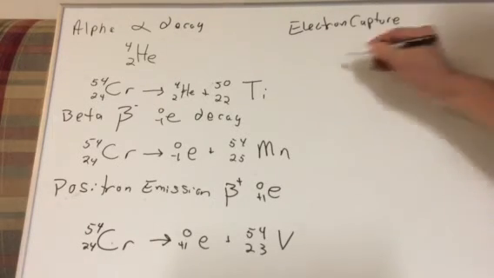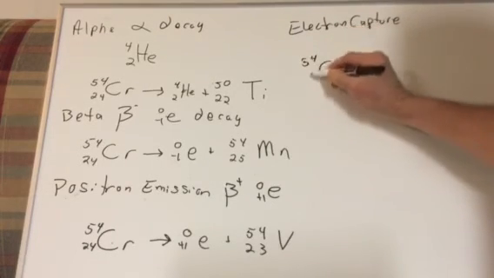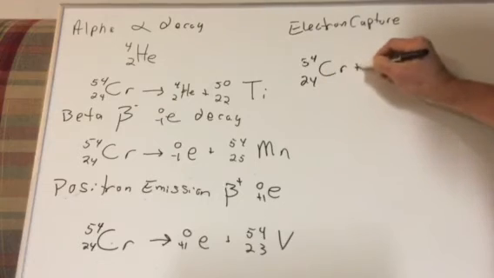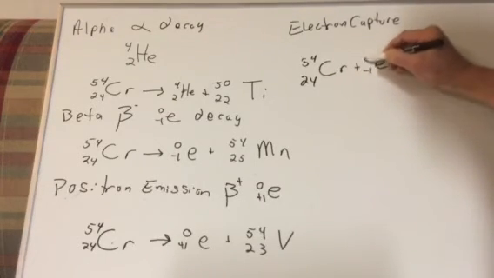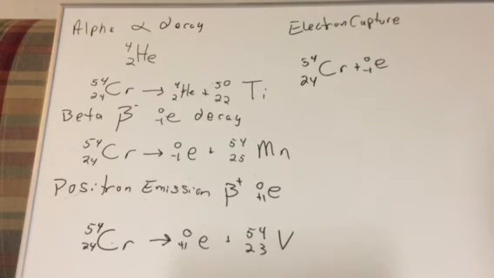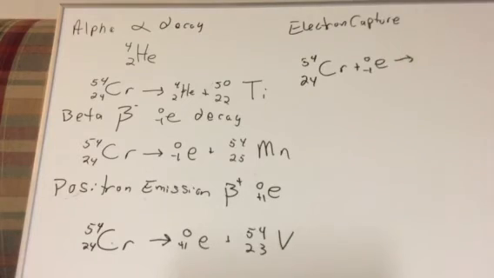So let's again go by chromium, and it's 54, 24. But now it's going to gain the electron. And in gaining that electron, again, it's not gaining it on the outside, it's gaining it in the nucleus. So imagine a proton gains an electron, now it becomes a neutron.